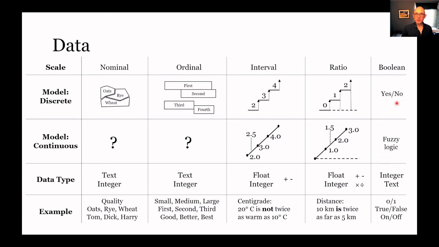But strictly speaking, the Boolean yes/no is discrete. So this should actually be in parentheses, really, because it's not strictly speaking the same thing. But this is how we can take our information about the state of something, whether it is or isn't, and represent it. So I think we'll end that part of the lecture there.